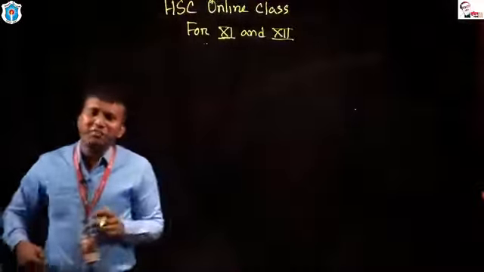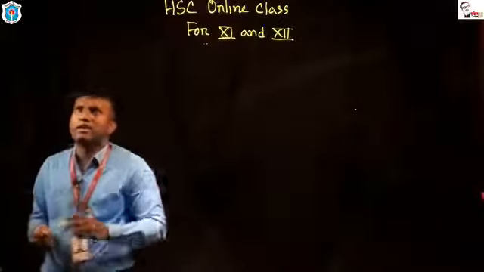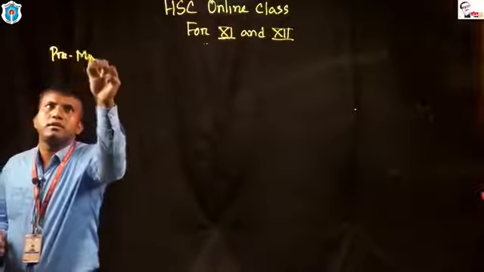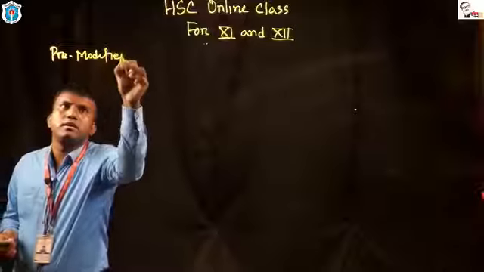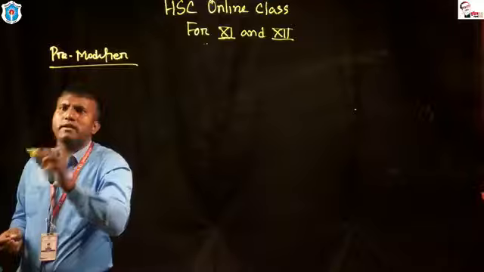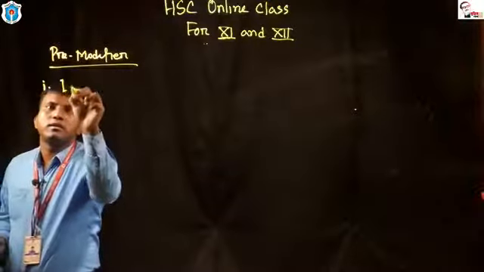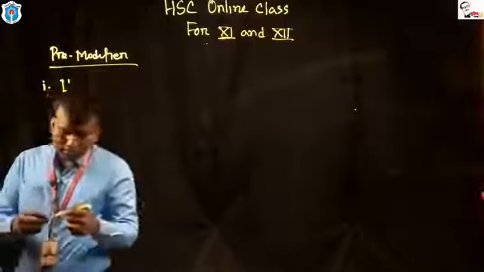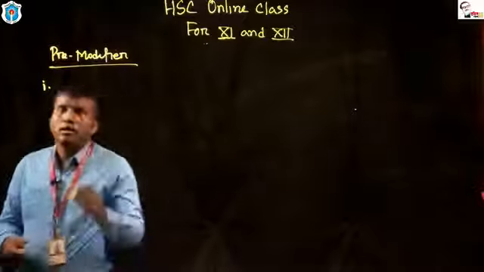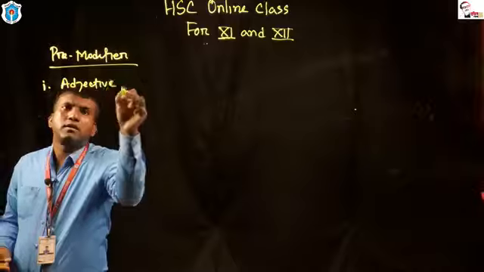Now I'm going to give you the list of grammatical devices that you need to learn for modifier. At first, pre-modifier. Under pre-modifier, you have to learn number 1, adjective. You have to learn adjective.